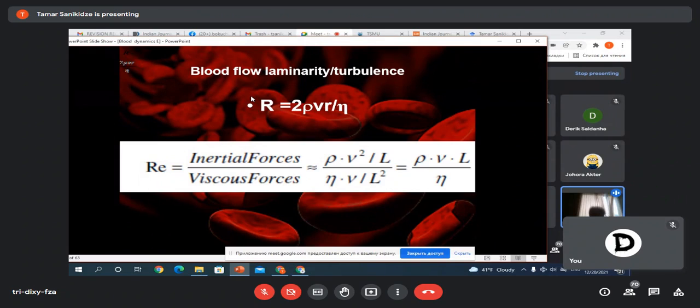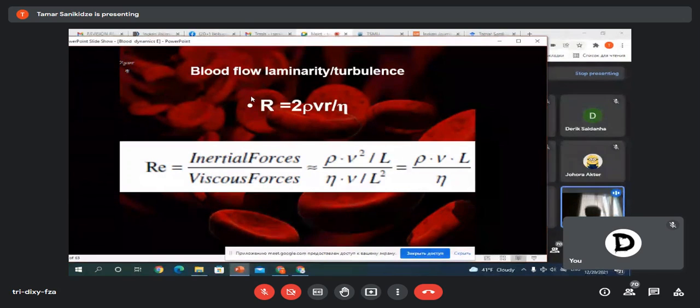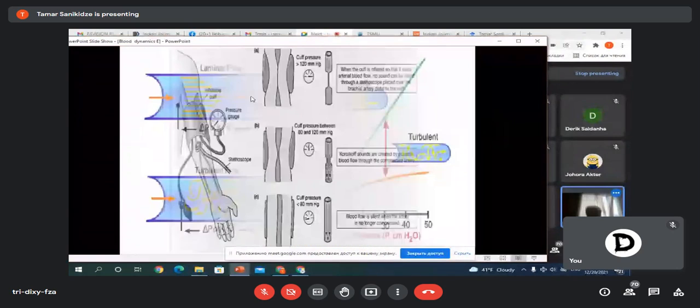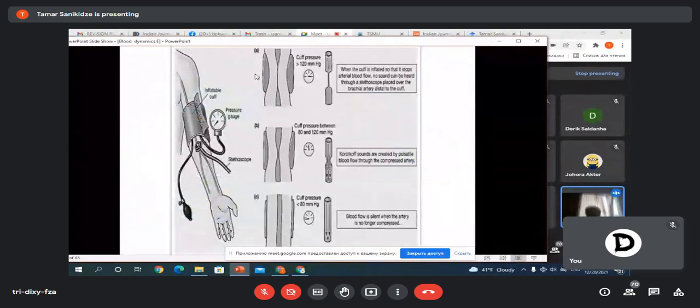It will be turbulent. And the sounds we can hear with the stethoscope are related to the sounds of the blood ejected from the ventricle into the aorta, the turbulent flow of the aorta. We use the property of the turbulent flow for measuring the pressure. You know that in this case we press the blood vessel until it is closed, after which we continuously decrease the pressure.